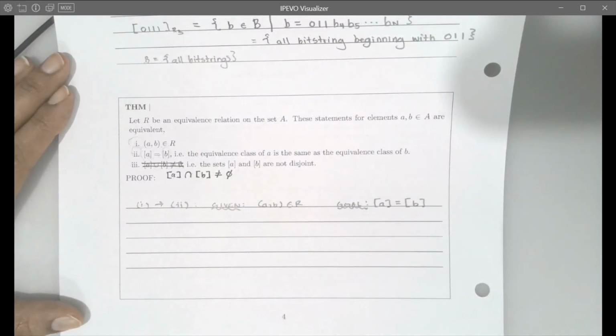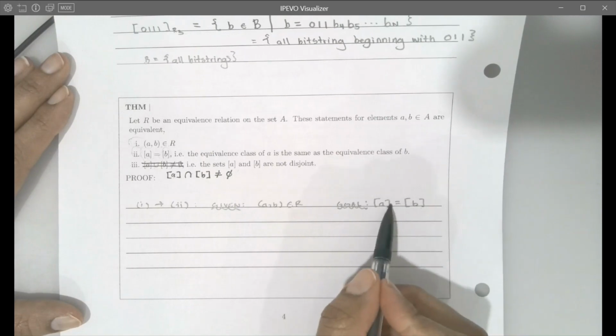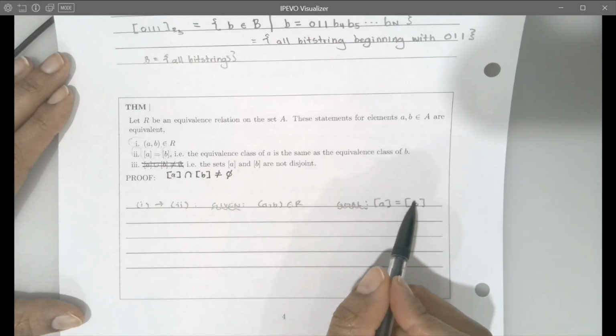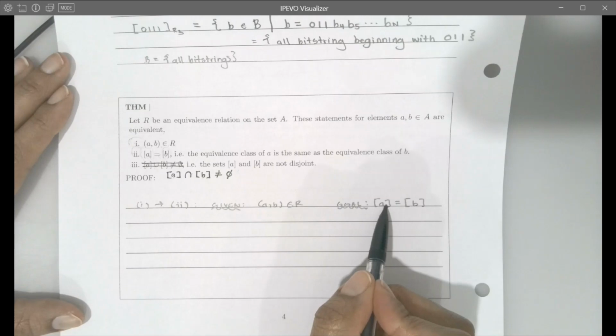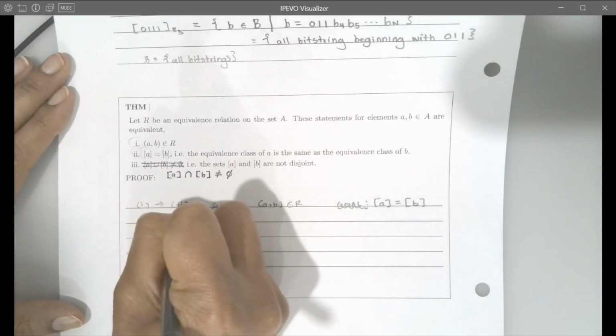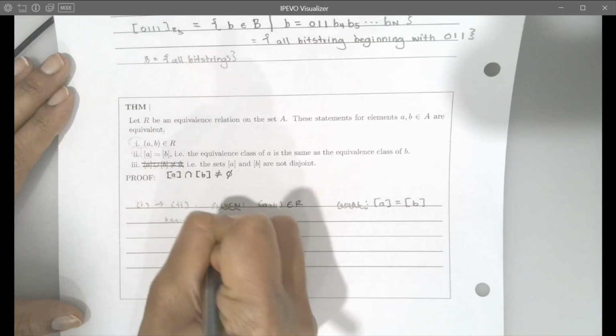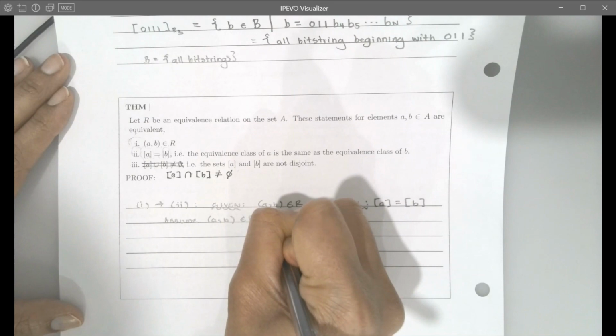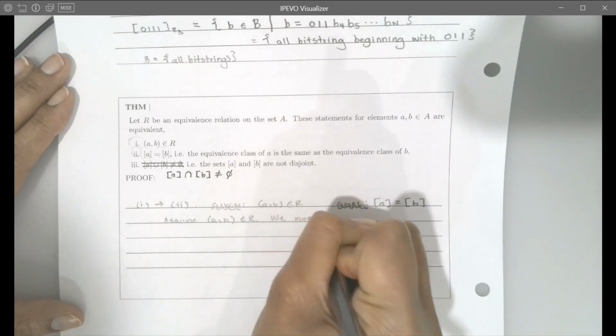Now, because the two are sets, in order to show that two sets are equal, we need to show that the equivalence class of A is a subset of the equivalence class of B and vice versa. Okay, so we're going to assume A comma B is in R. We must show the following.